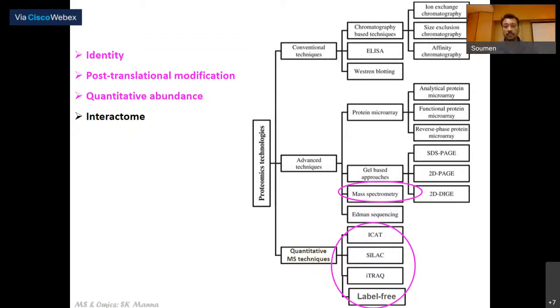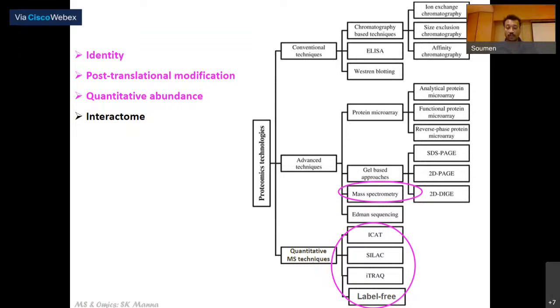Those things are often done using, let's say, protein microarrays. Then there are gel-based approaches like SDS-PAGE, 2D-PAGE and 2D-DIGE. Then, of course, we have advanced sequencing for identifying a protein sequence. And then we have mass spectrometry. With mass spectrometry, we again have three kinds of questions in mind that we want to answer.